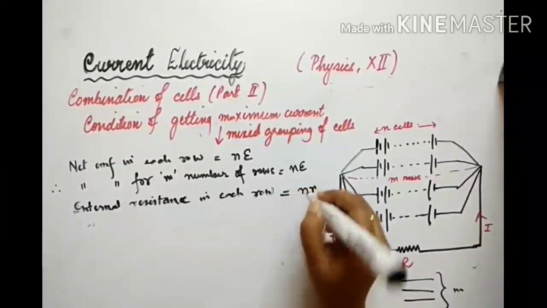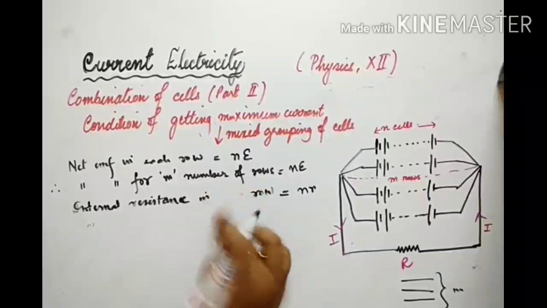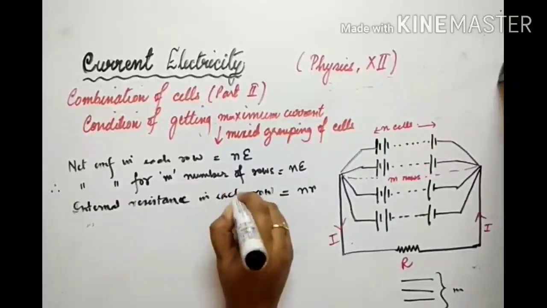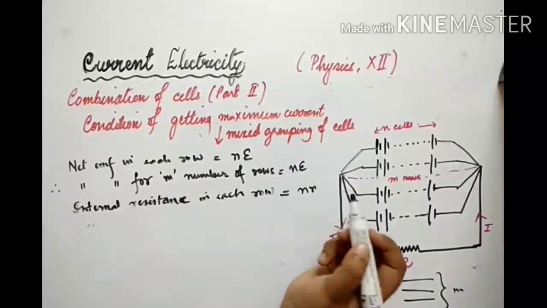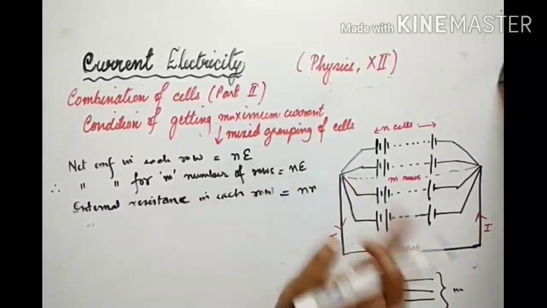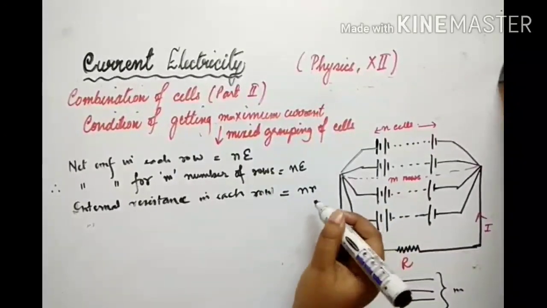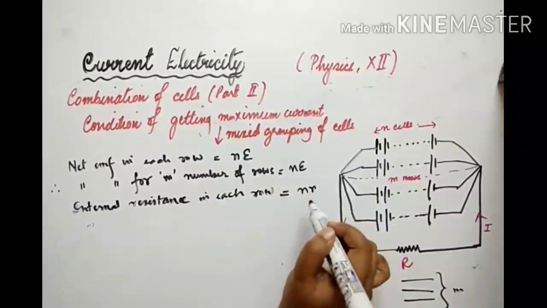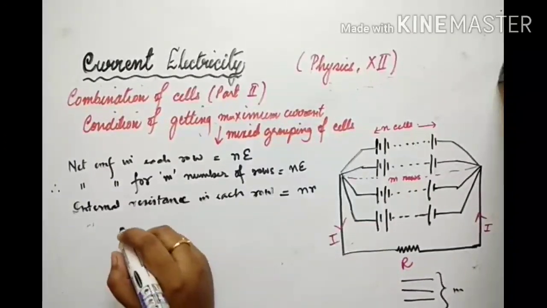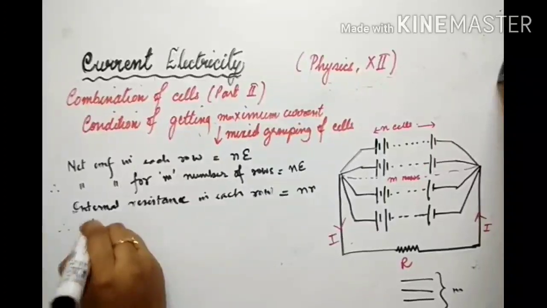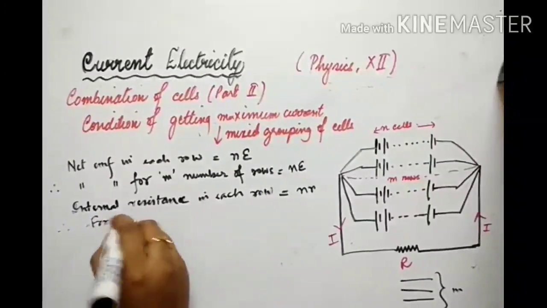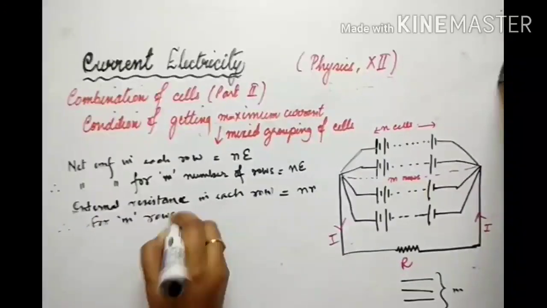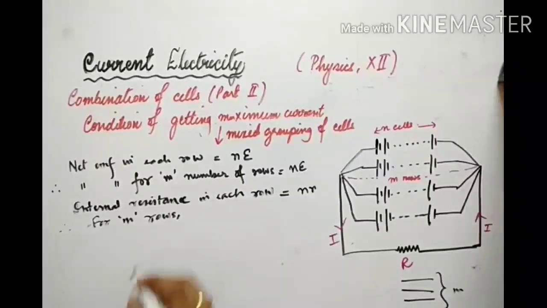We have done it in the first part: in each row, if we simply add all the resistances n number of times, we get n into r. Now for m rows, what will be the resistance?